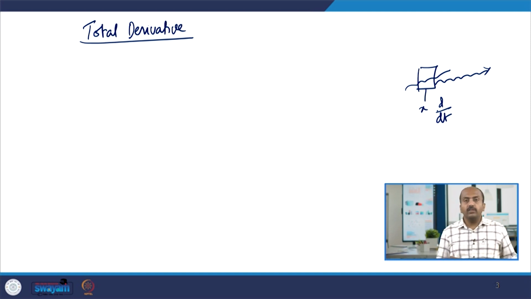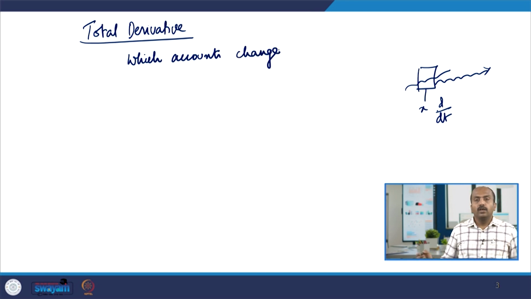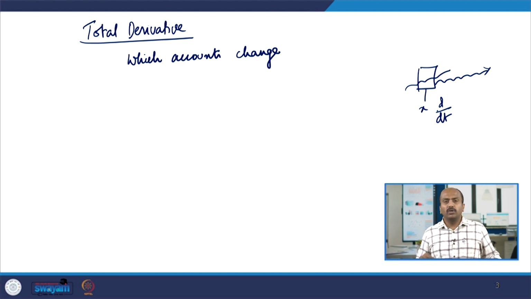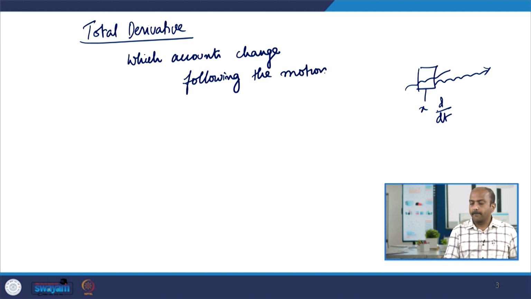the total derivative is a derivative which accounts for the change in a dependent variable with respect to an independent variable, following the motion. What exactly is following the motion?